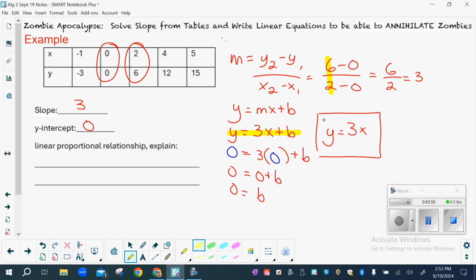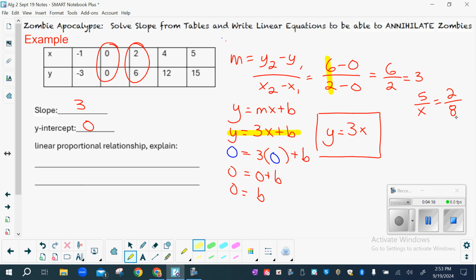So could we make this a ratio with the 3x over something? A ratio would be like 5 over x equals 2 over 8, for example. So a fraction equal to a fraction.